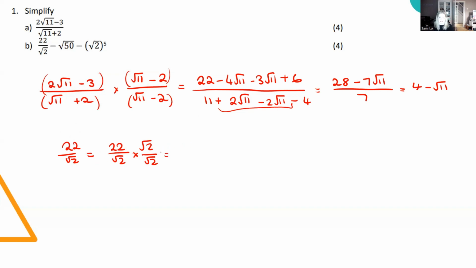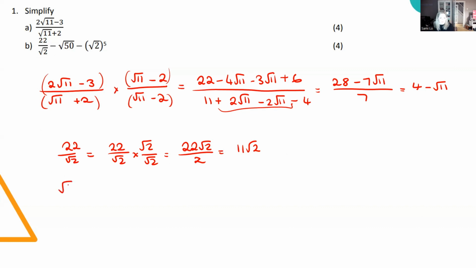It's exactly the same, a bit like when you have equivalent fractions. So that's going to be 22 root 2 over 2, which simplifies to 11 root 2. Again, you only divide the number in front of the surd, a bit like when you're working with algebra.